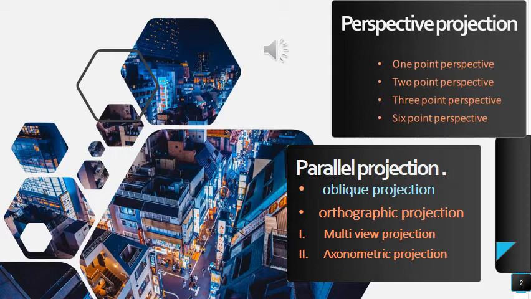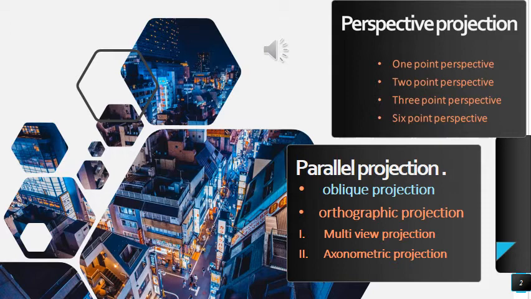This doesn't mean that in six point perspective things get out of control. There are rules and its own control on the object, but the end object will be a round shape.